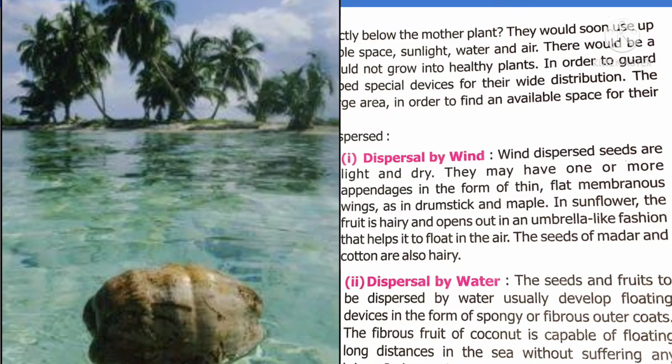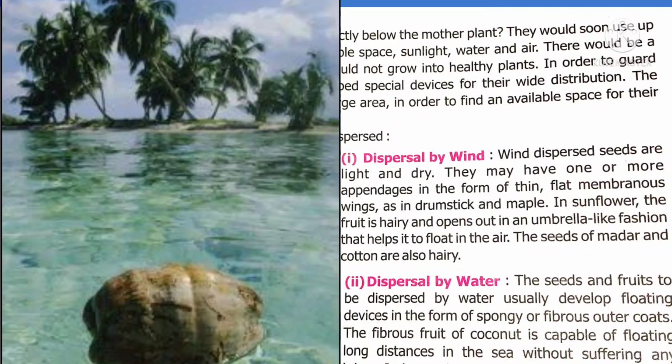Some plants like coconut live on the shore of water bodies, that means the side area of water bodies, rivers, etc. When they ripen, these seeds fall into the water, and the water body carries these seeds to faraway places, and the seed settles somewhere on some other bank of the water body. From that, a new plant germinates.